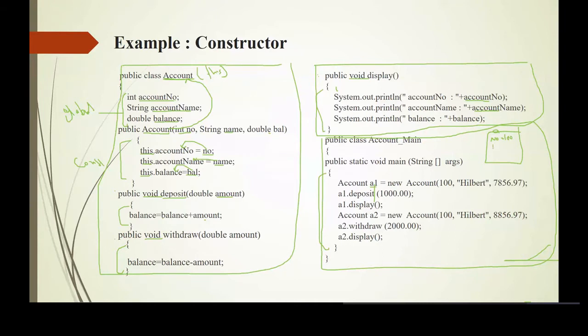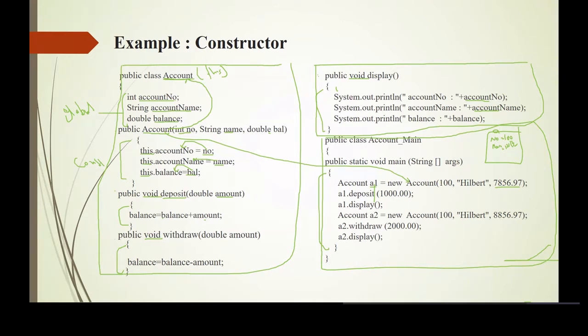And the account name is what? Hilbert. And the account balance is this one. When you create a new account, it will call the constructor. Where is the constructor? This is the constructor. So 100, Hilbert, and 700.